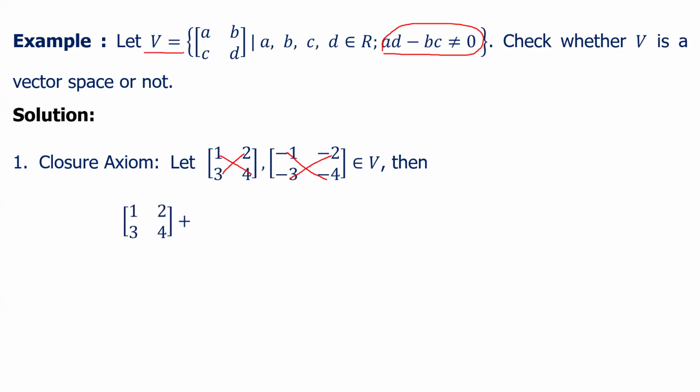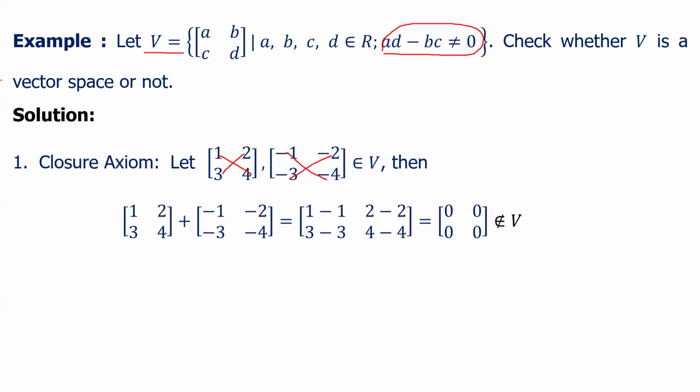Let us add them. If we add [1, 2; 3, 4] and [minus 1, minus 2; minus 3, minus 4], we get the zero matrix. Since 0 into 0 is 0, minus 0 into 0 is 0, the determinant equals 0.